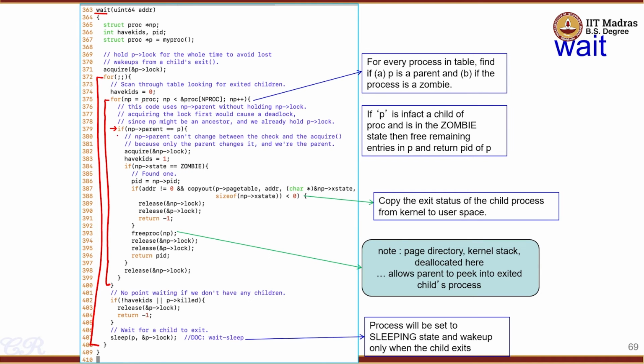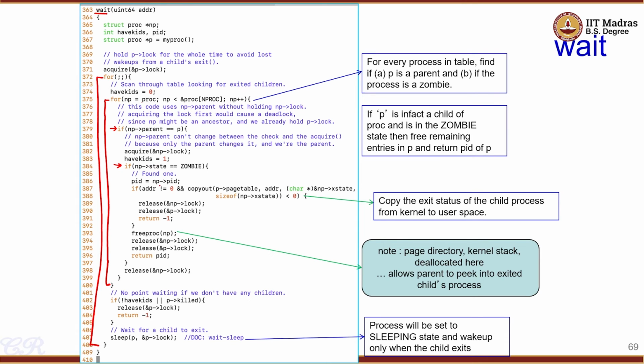So this if statement identifies if NP, which is a proc entry in this array, has P as its parent, and NP is in the zombie state.